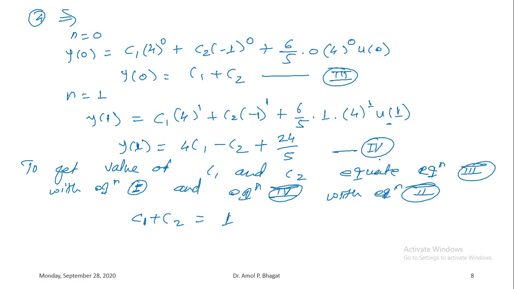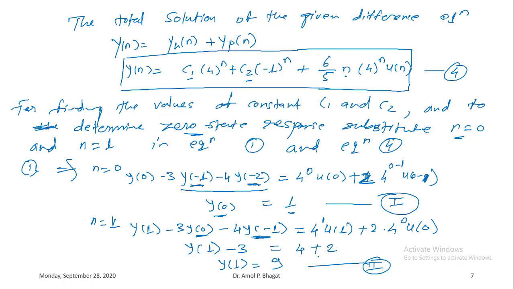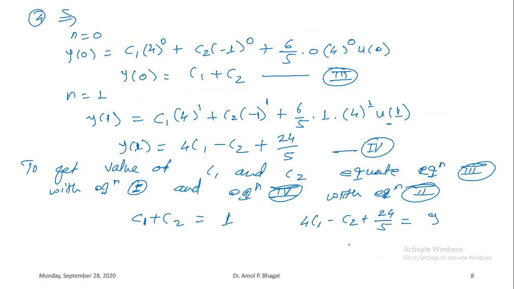And if I equate this fourth equation with the second one, I get 4c1 minus c2 plus 24 by 5 is equal to 9, since the second equation gives 9. So simply 4c1 minus c2 is equal to 9 minus 24 by 5.